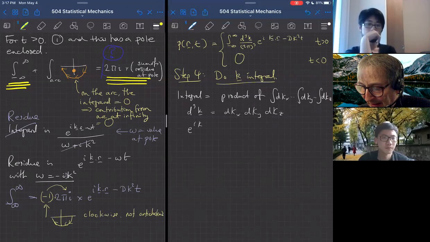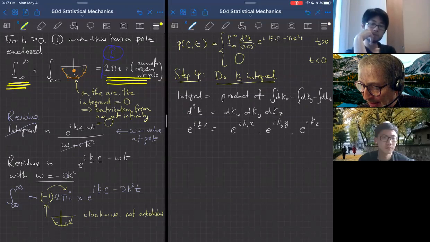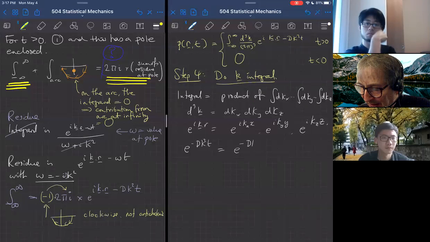e to the i k dot r is equal to e to the i kx times x times e to the i ky times y times e to the i kz times z, and e to the minus d k squared t is equal to e to the minus d kx squared t times e to the minus d ky squared t times e to the minus d kz squared t.